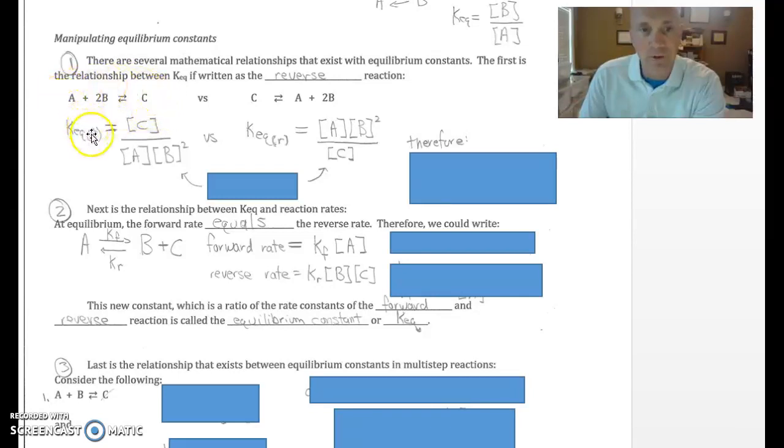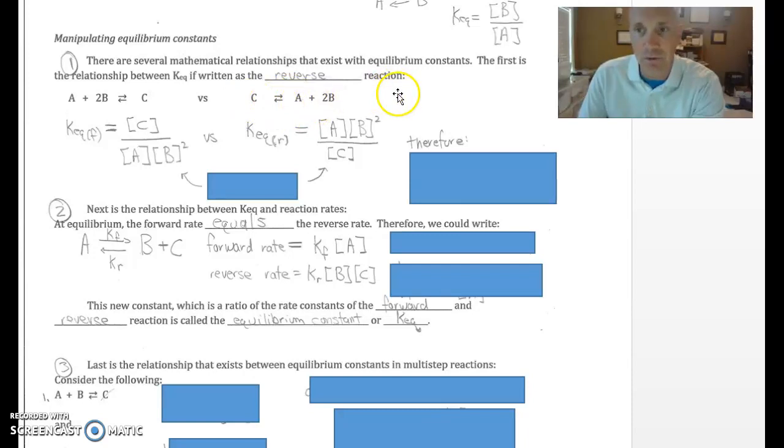For example, I could not define this particular equilibrium expression if I didn't also show this reaction right here. The issue is that since these are reversible reactions, there's no real reason that one has to be on the left and one has to be on the right. I could just as easily write this reaction like this, where all I've done is switch the sides. But since it can go either way, there's really no start or finish. They can just go back and forth between each other.